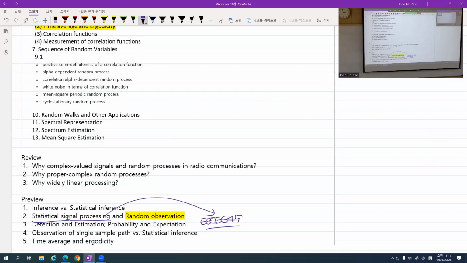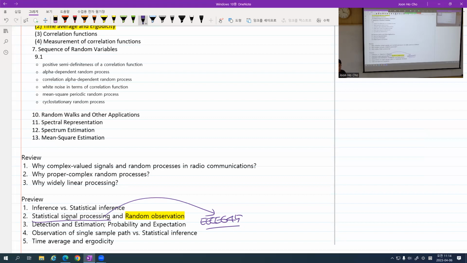By the way, I have to quickly review this part. There is no confusion, but first, what is the answer to this one? Why are we interested in complex valued signals and random processes in radio communications? As I told you, we apply a real valued bandpass signal to the antennas that convert the electrical signal to a radio signal or vice versa.